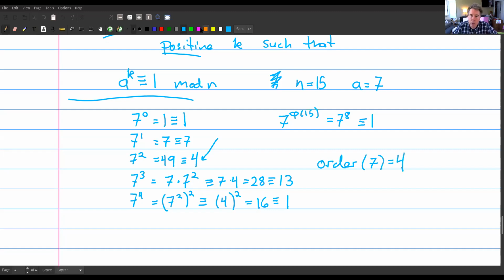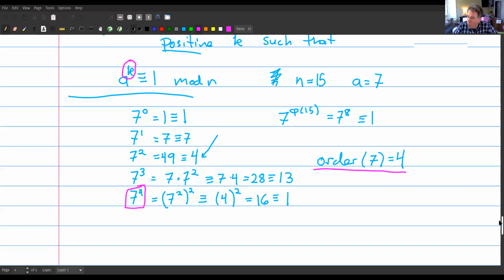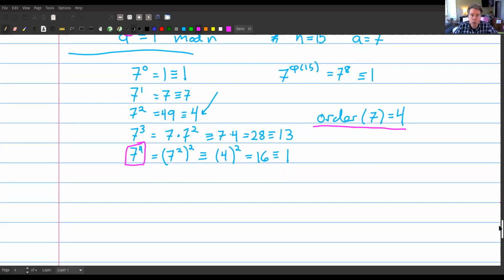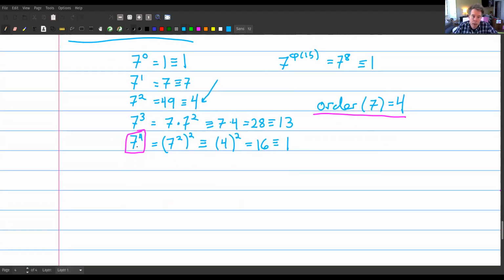Because 4 was the smallest positive power that made 1 come out. I was just looking for the smallest positive k such that a to the k is congruent to 1. So in the case of 7, this is 4. So 7 is a and 4 is k? Yes, that's right. If you kept going, it would just start over again, because 7 to the 5th is 7 times 7 to the 4th, and 7 to the 4th is 1.